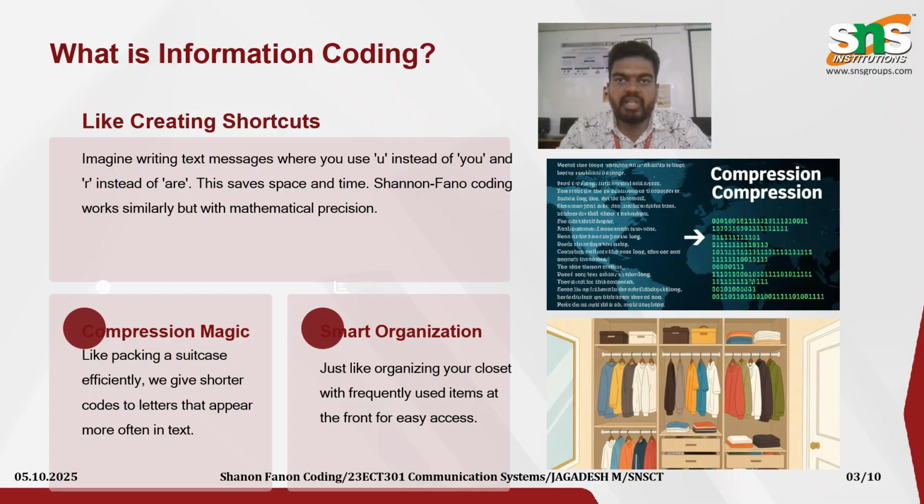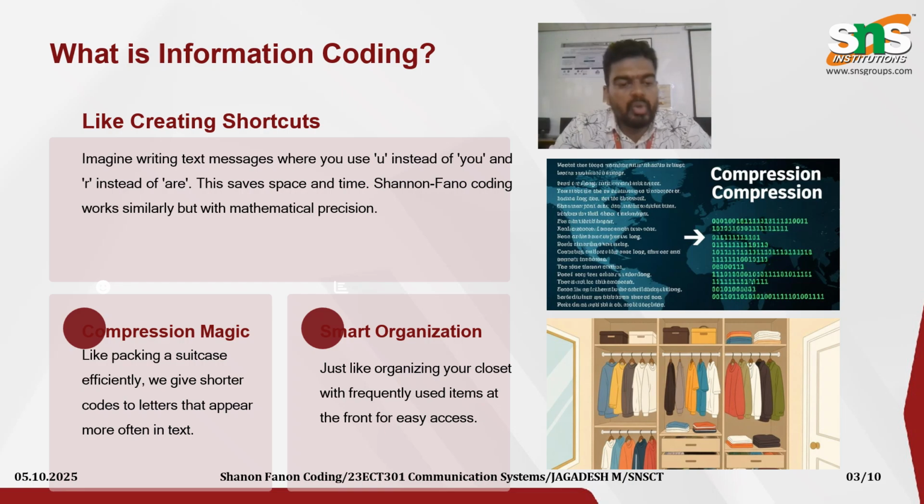And instead of where are you, we can use WRU. The person can understand that WRU means where are you. So it saves our time as well as memory, and we can also text very fast to the destination, your friend. The same thing we are doing in Shannon-Fano coding, but it is mathematically precise.